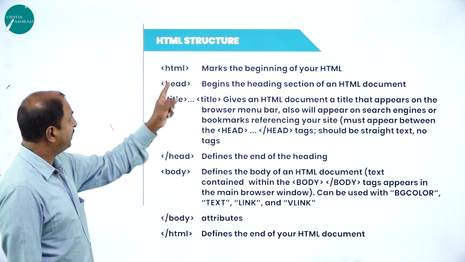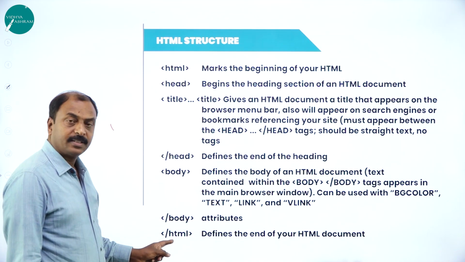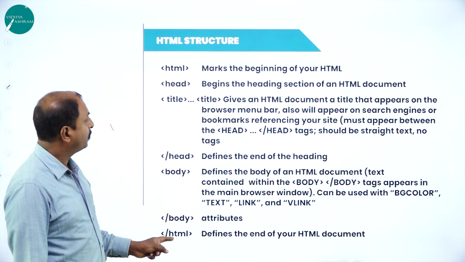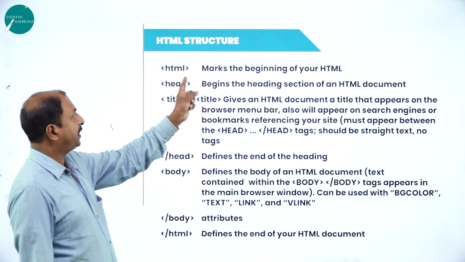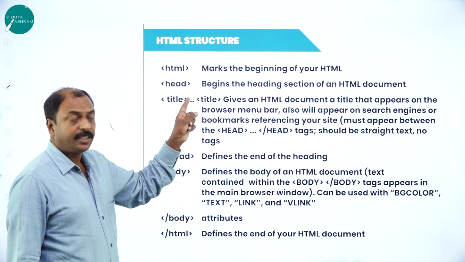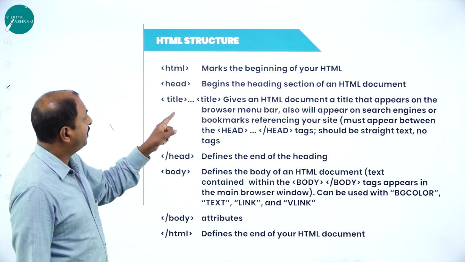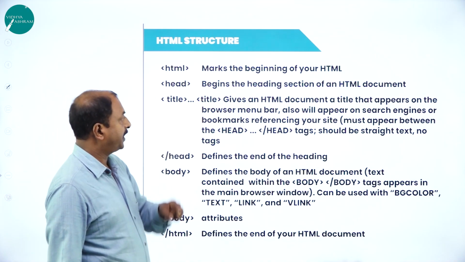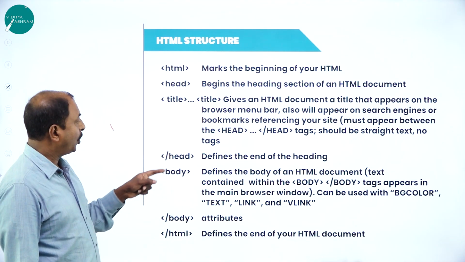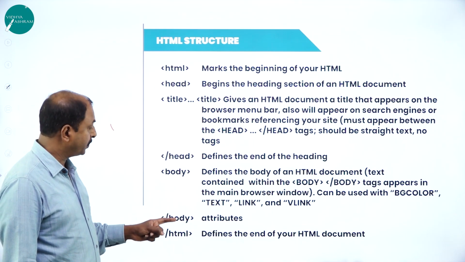With the same HTML tag with a forward slash. It indicates the ending tag or closing tag. So we start with HTML and the next one is the head tag. Again we are closing the head tag here, and in between we can have the title tag, and after head we have to open the body tag and it has to be closed at the end.